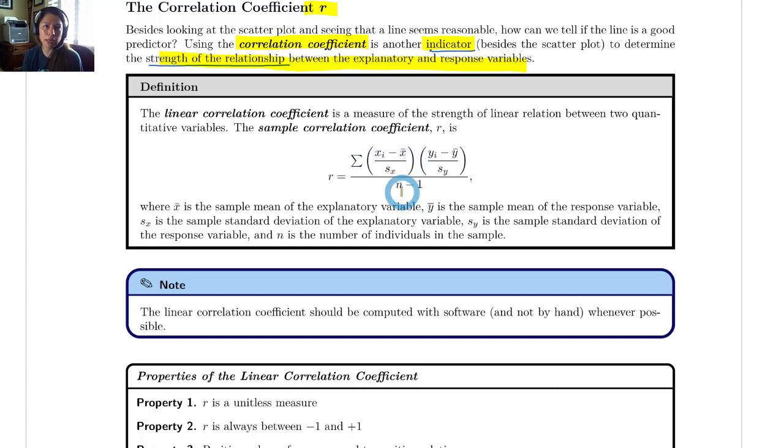And we're just not going to do that by hand because our goal is not to do arithmetic. Our goal is not to subtract, multiply, and divide. Our goal is to get the results so we can interpret the mathematics into a meaningful conclusion. So we're going to be using the calculator for this calculation.